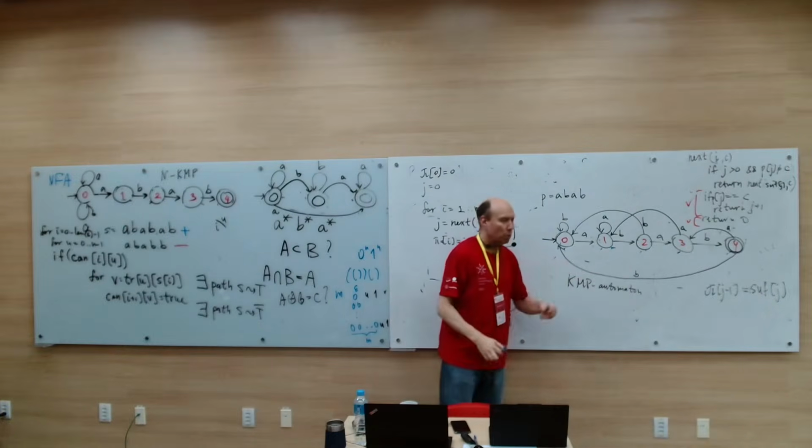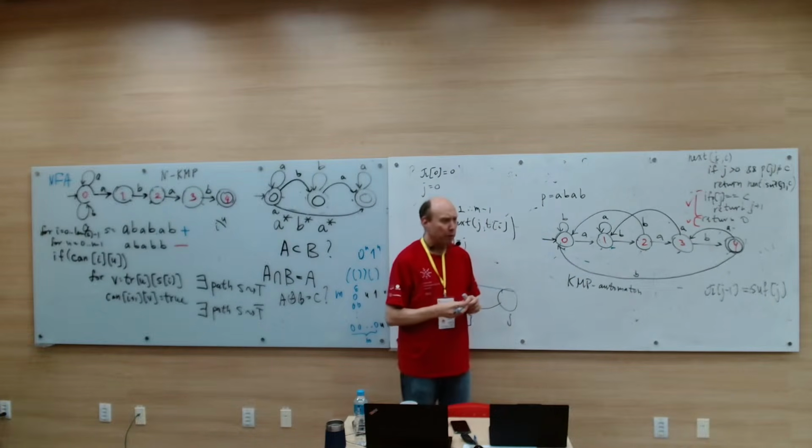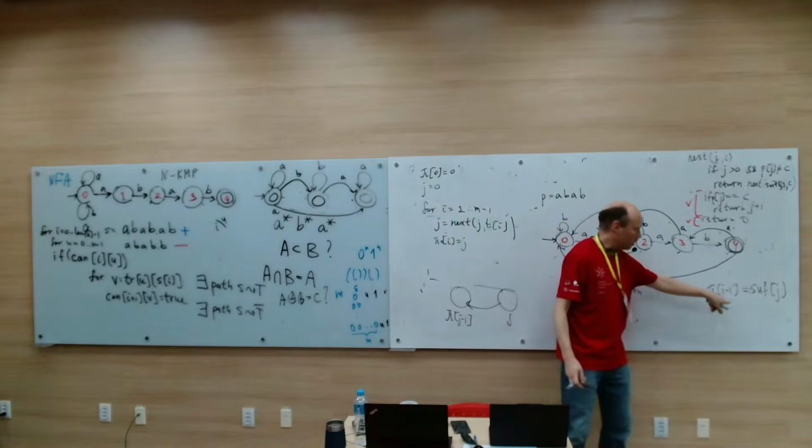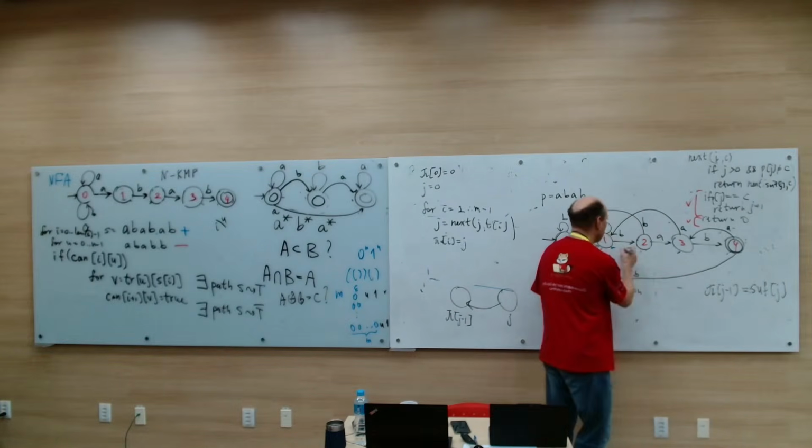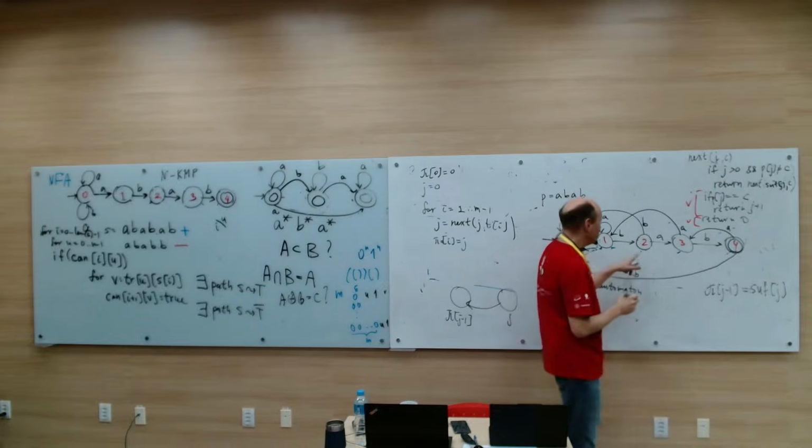So for 1, we have no option. The suffix link for 1 is by definition the prefix function for 0, which is always 0. For 2, we already ran the algorithm.